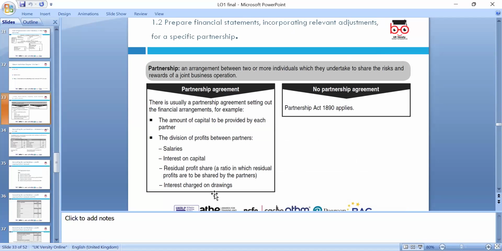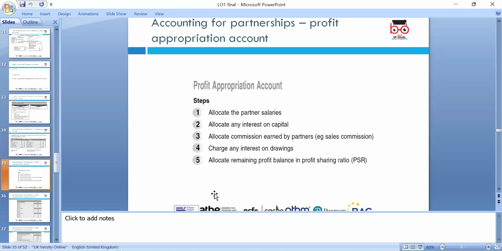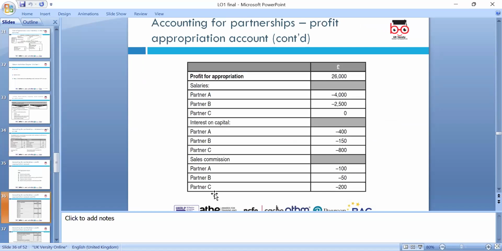Next, prepare the financial statements with the relevant adjustments, like you will see in the accounting of partnerships. With sole traders and partnerships, because there are partners, the profit should be distributed to the partners, and we can use the profit appropriation account, where we allocate the partners' salaries and other items, using a different layout.